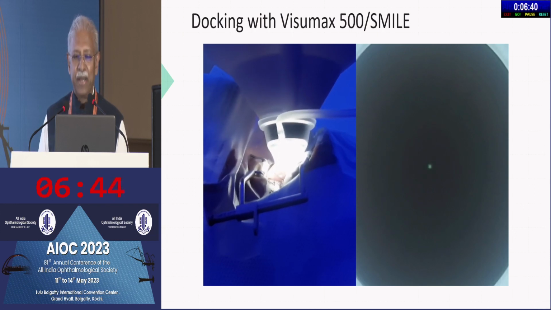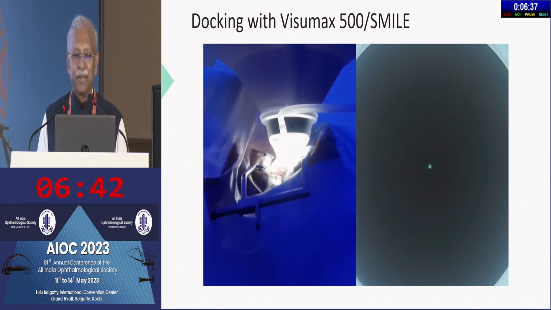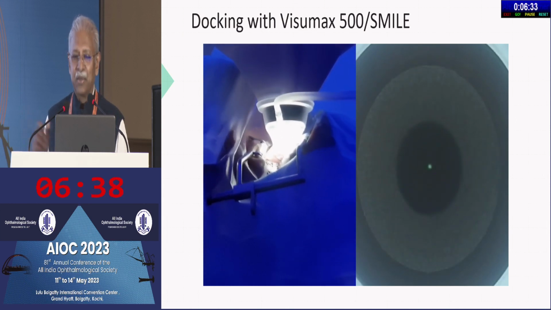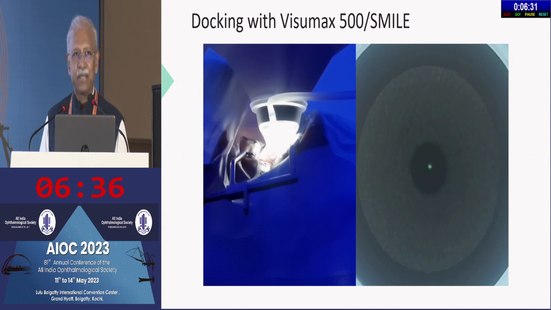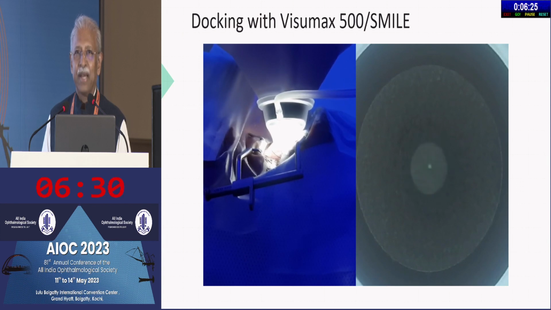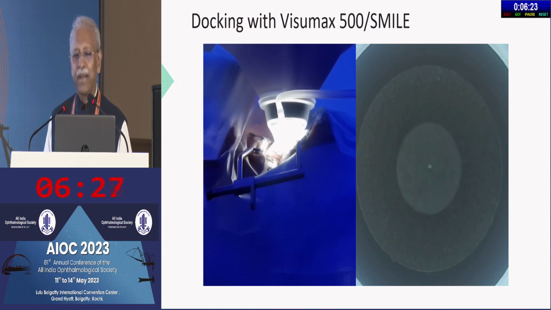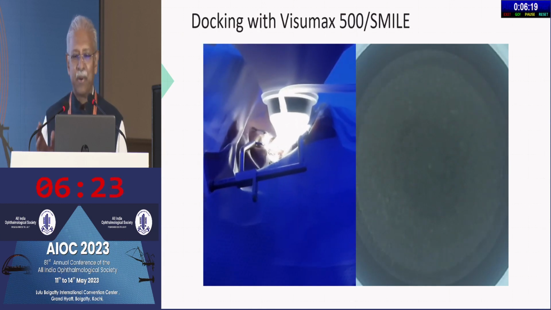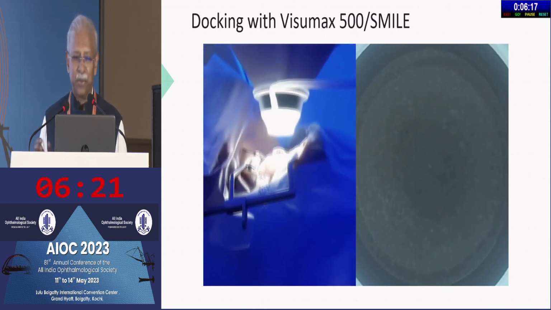This is real time, the time it takes to dock and then start. As this goes on, the fixation light for the patient starts to get blurred once the laser is going on. At this point, the patient can panic, suddenly think that he or she is not seeing anything, try to move around, and a loss of suction can occur. So you'll have to inform the patient about this and keep talking to the patient right through.